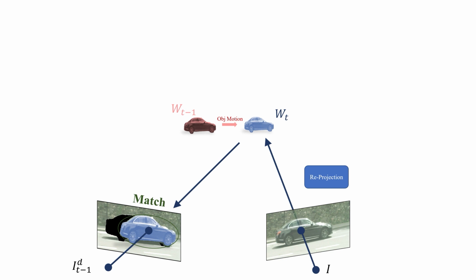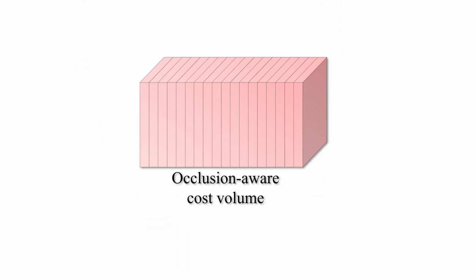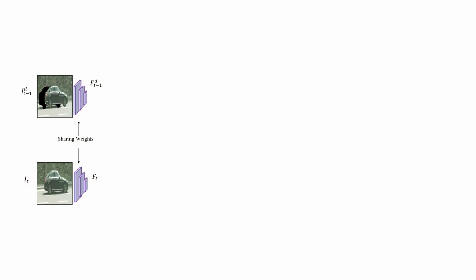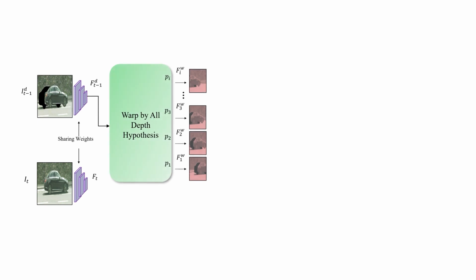The pixels of backgrounds in the black area are occluded by the dynamic object at time t-1. To alleviate this problem, we propose an occlusion-aware cost volume for geometric reasoning across temporal frames. Feature map of the disentangled image is warped with multiple pre-defined depth hypotheses to the current image plane.